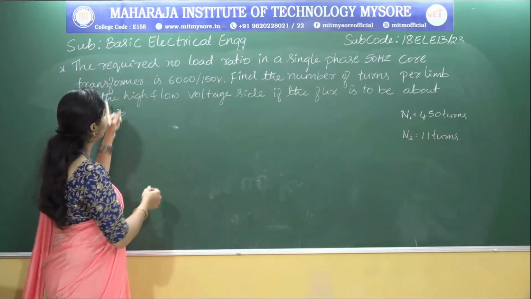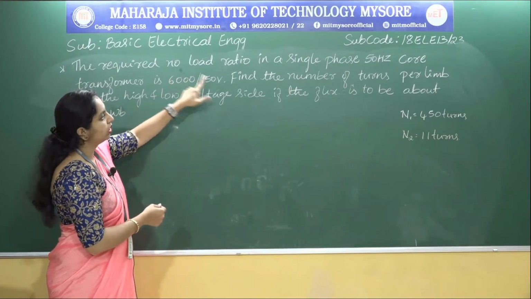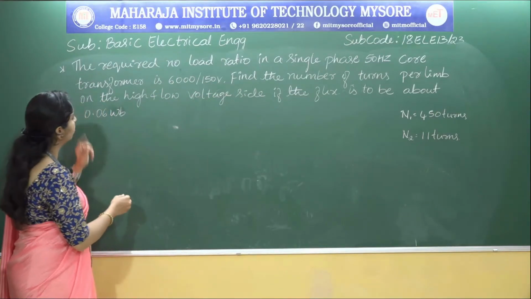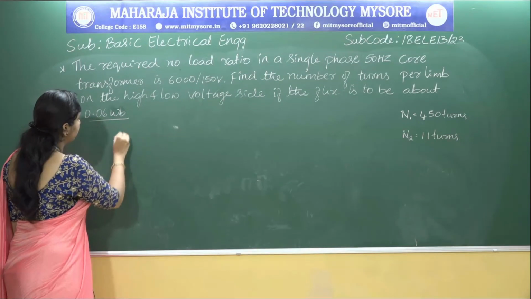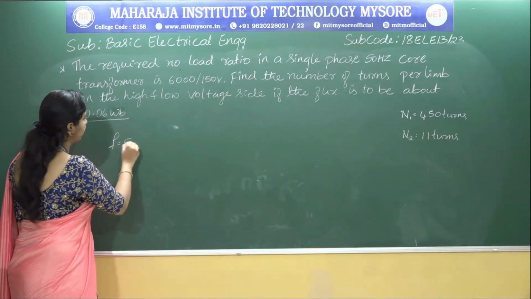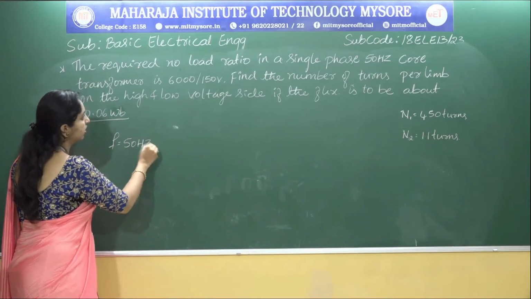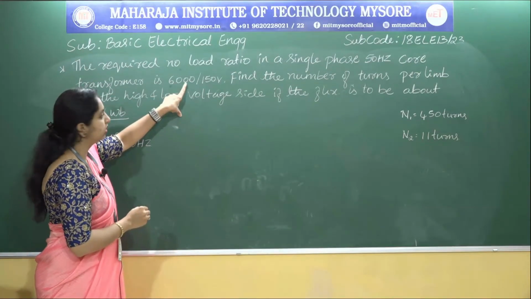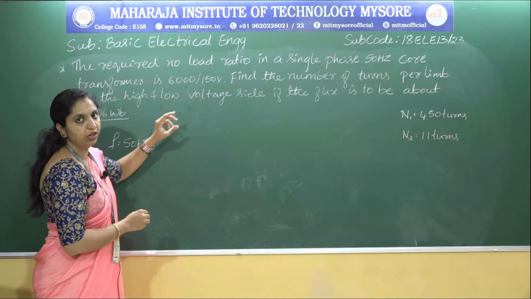In the next problem, the required no load ratio in a single phase 50 hertz core transformer. Frequency value is provided here, F is equal to 50 hertz, and the transformer is 6000 slash 150 volts.